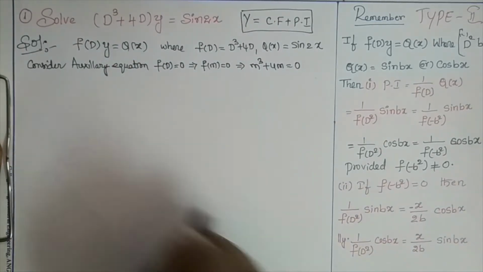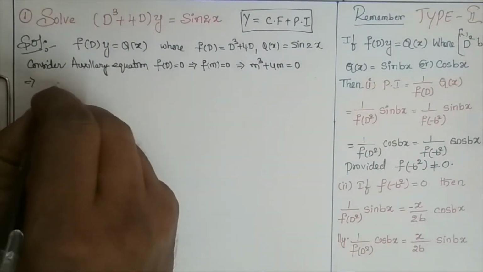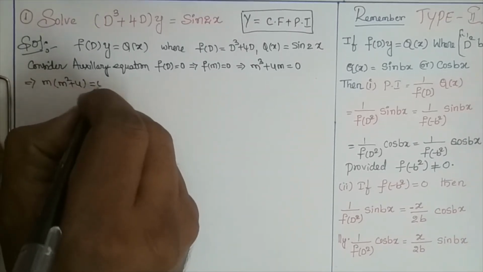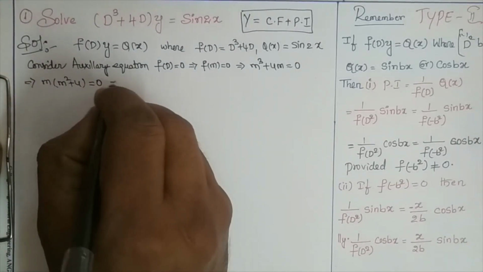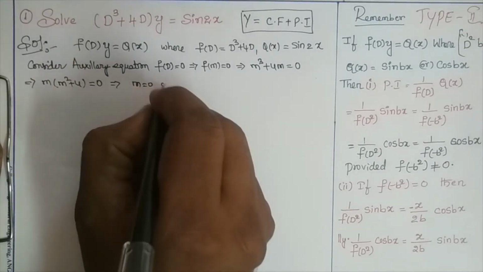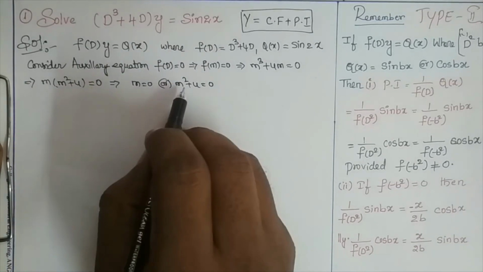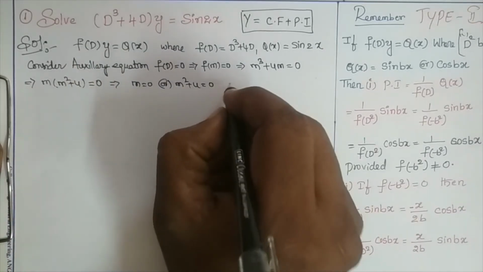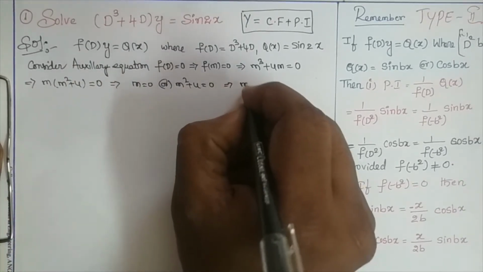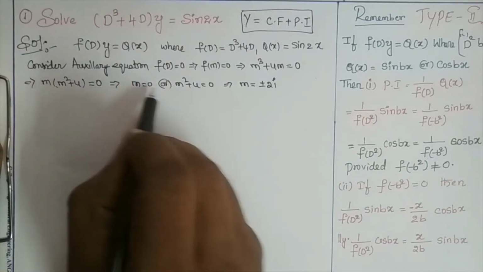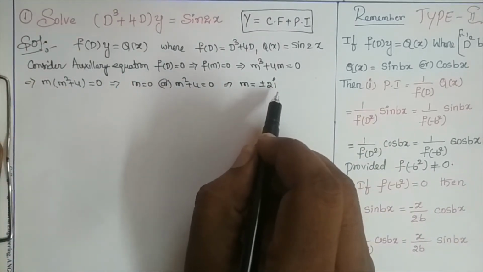So what are the roots here? I can write m into m square plus 4 is equal to 0, which means m is equal to 0 or m square plus 4 is equal to 0. So it has complex roots, which implies m is equal to plus or minus 2i. One is a real root, and the other two are complex roots.